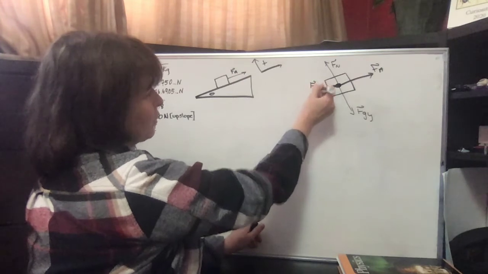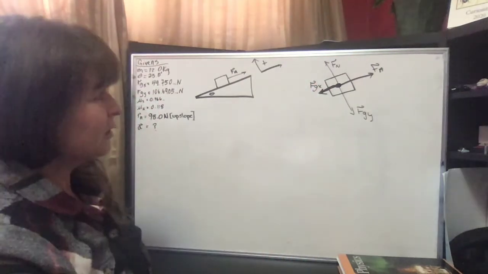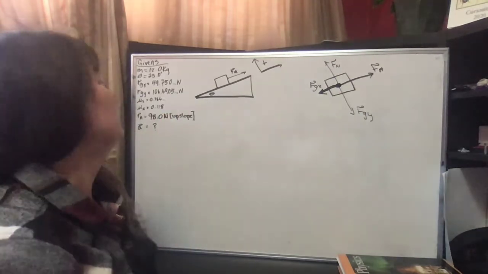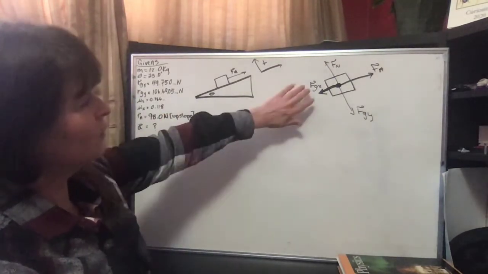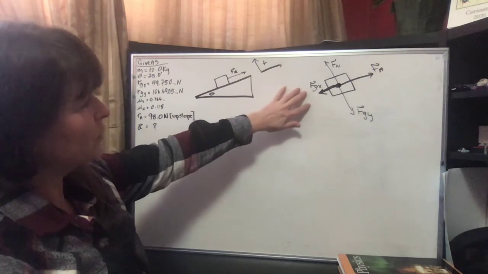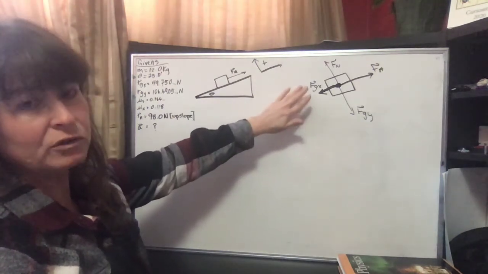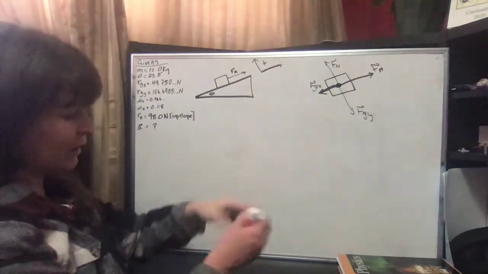we have our x component. The only thing I don't have on there yet is friction. I'm going to put friction in red. What I want to point out is that when you're dealing with friction, you have to consider the direction the object is moving.